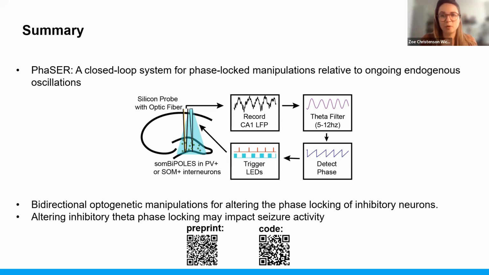I need to flesh that out a bit more, but I do think there seems to be a relationship between the time since a seizure that would have just happened in an epileptic mouse on its own and how badly phase locked the inhibitory neurons are. Oh yeah, that would be really interesting. Because that's what I was thinking about, the immediately pre-ictal period versus the immediate post-ictal period, and what those relationships would look like.